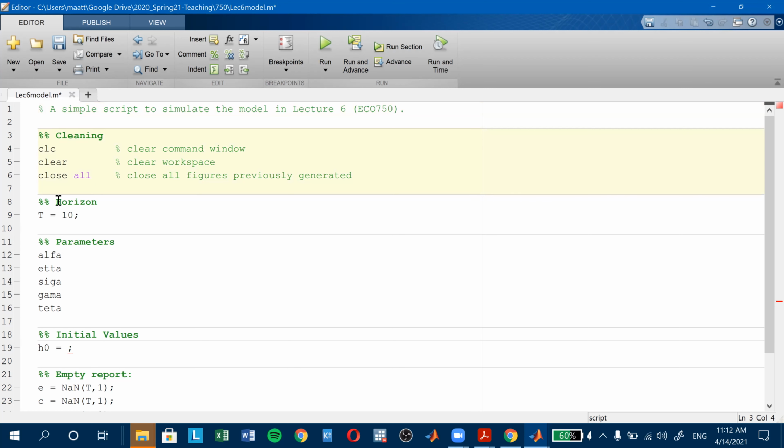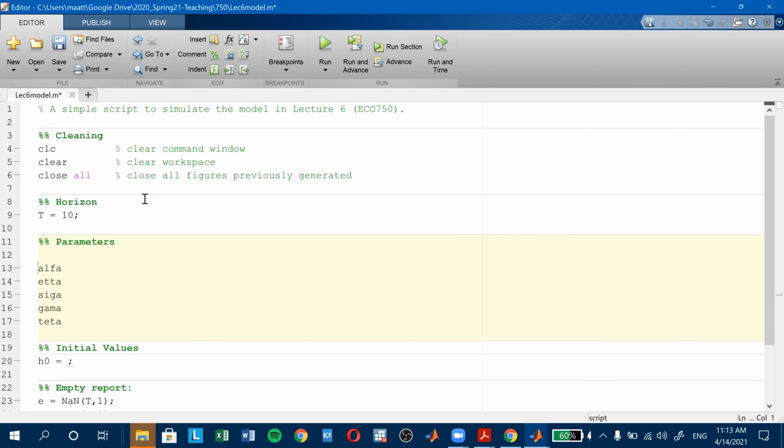Now we set the model horizon to 10 periods. Why? Because this is a long run model, so 10 periods actually mean 250 years. And these are the parameter values. Now remember that we actually have the alpha eta parameter.